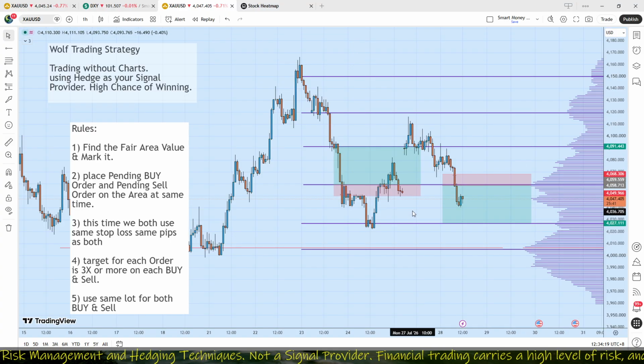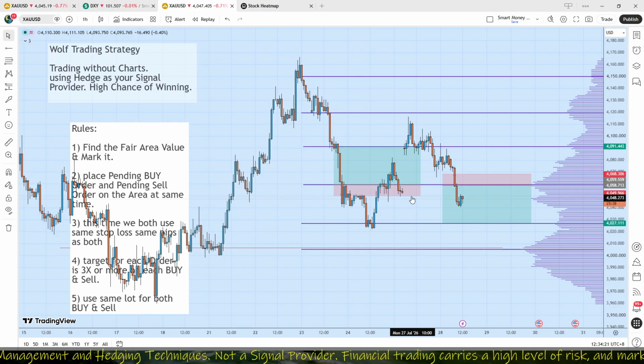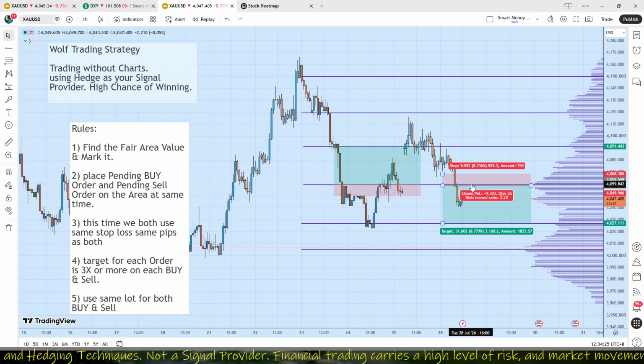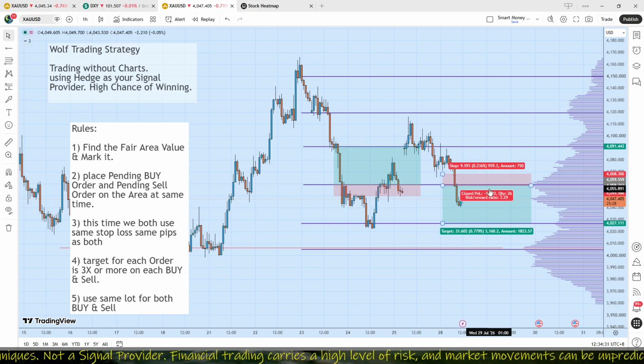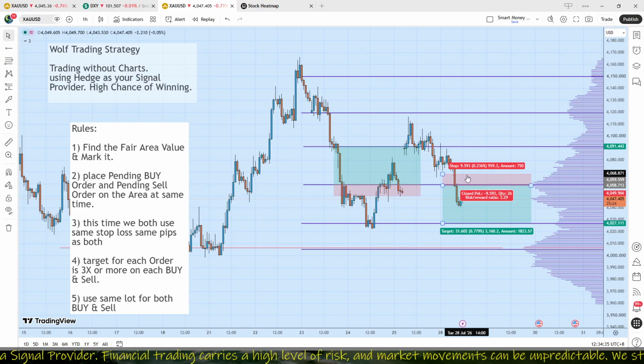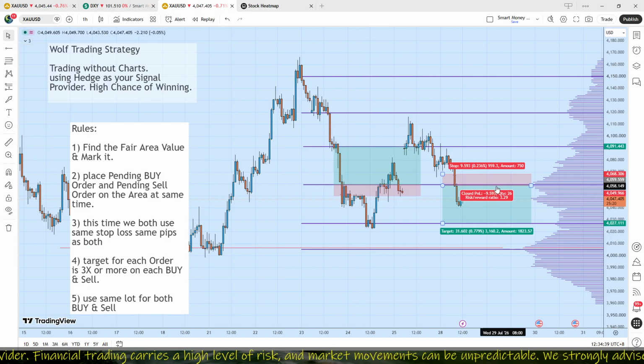This is the reason why we place a hedge. So let's say it reaches here, and our pending buy and pending sell have triggered and become active. The price will play on both sides of this area because this is a fair area value, as I said, right?